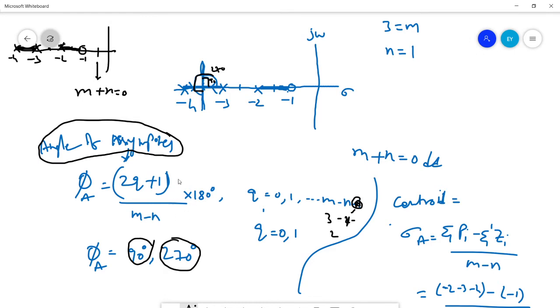So the poles will deviate from the real axis, making angles of 90 and 270 degrees with respect to the real axis.